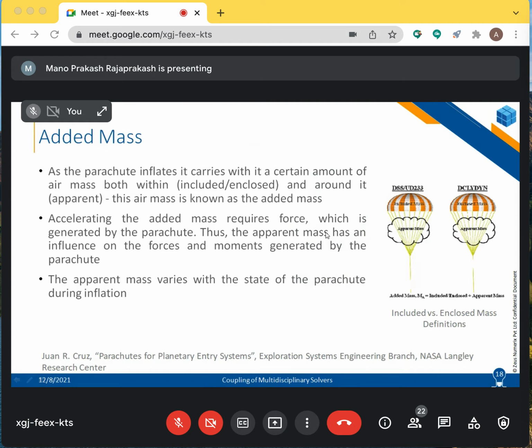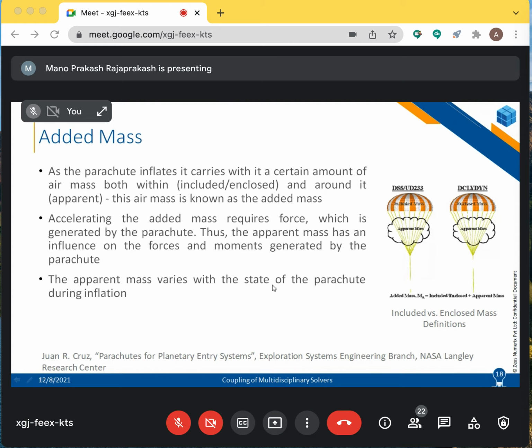As I just told, the parachute should develop enough force to handle the payload which is connected to it, as well as this additional mass which is getting trapped. So when I'm modeling the force that is exerted on the parachute, it is important that I include the added mass as well. From that perspective, it is very important.